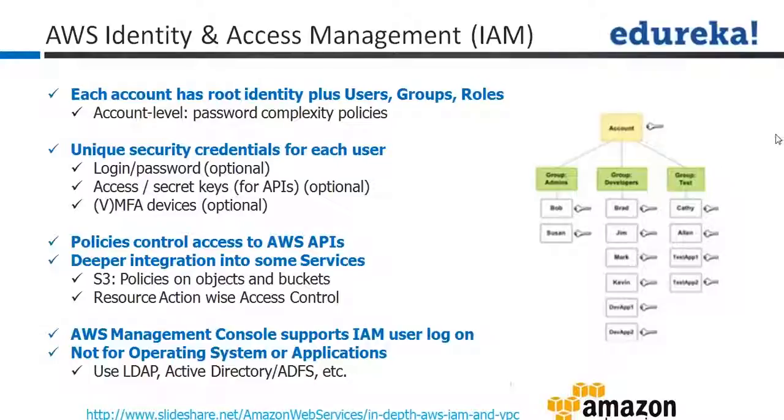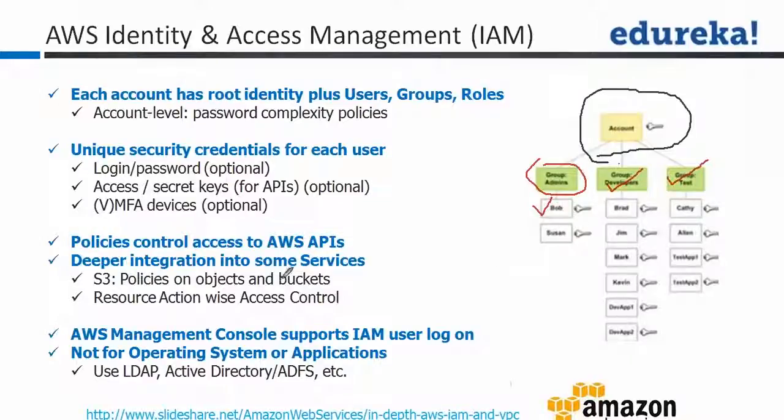Now, as I said before, there would be a root account. This root account can create multiple users. We can create various groups, and for each group, we can have multiple users. A single IAM user can be part of multiple groups also if required, so he would be getting the access accordingly.